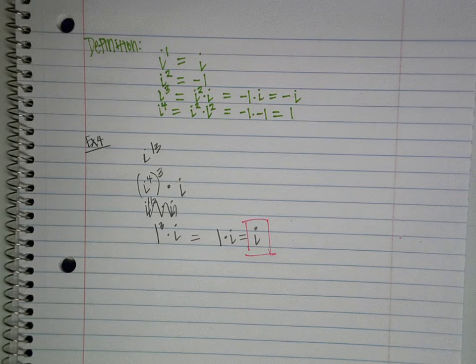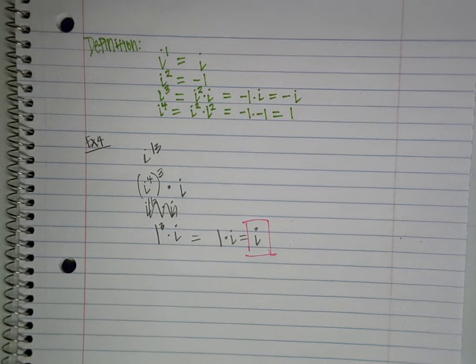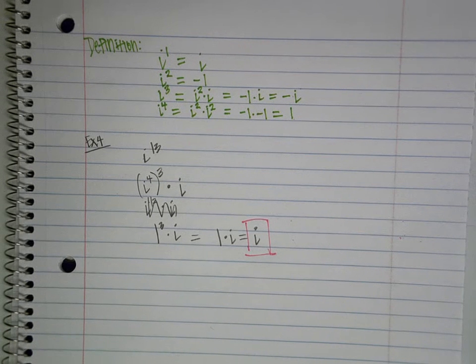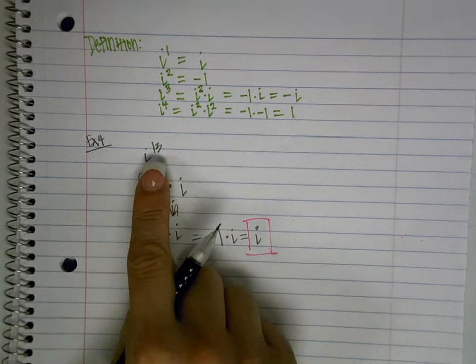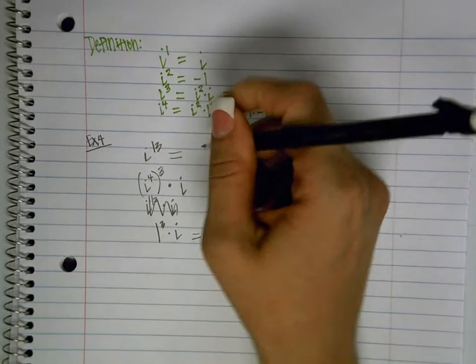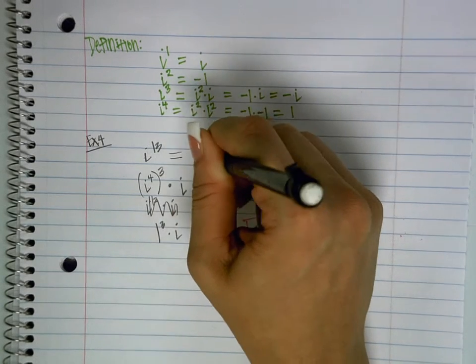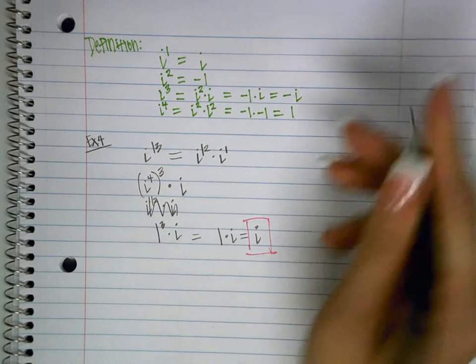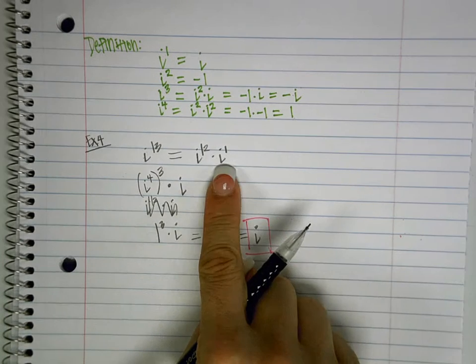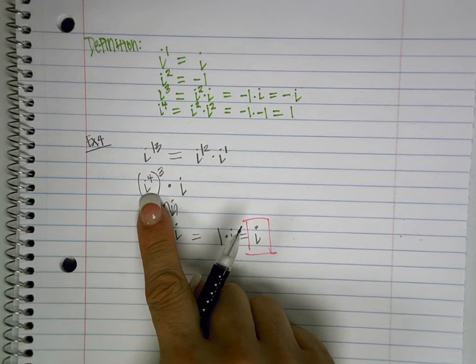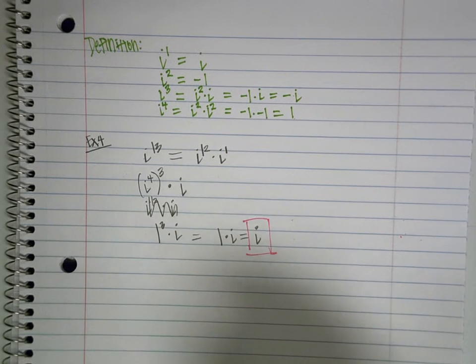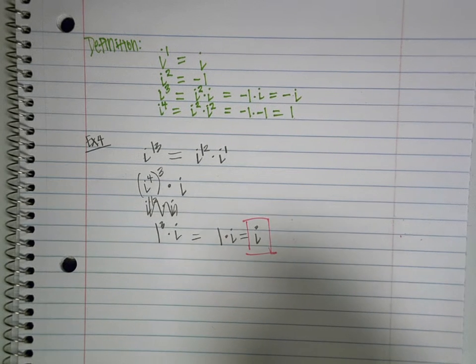Listen. Or I'm going to show you a pattern. I'm going to show you the easy pattern. Say it again, Natalie. I was just saying, if we want to break this down, I'm going to break it down in groups of 4. So that could be i to the 12th times i to the 1st. That's all I did there.